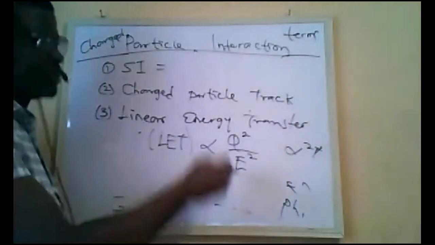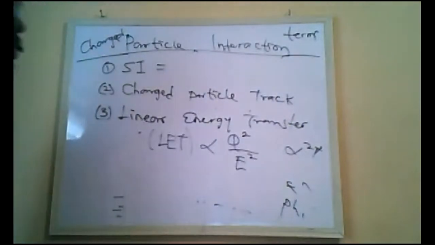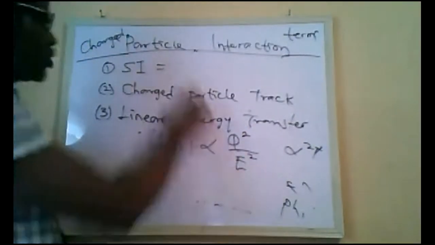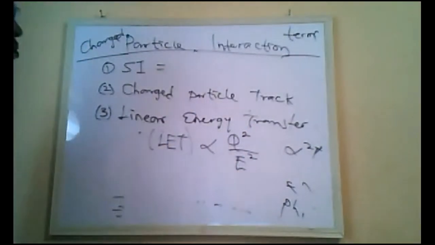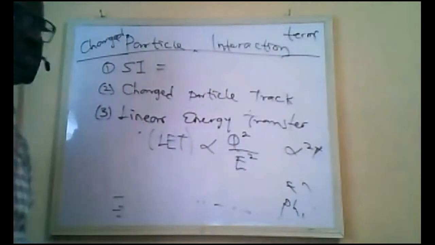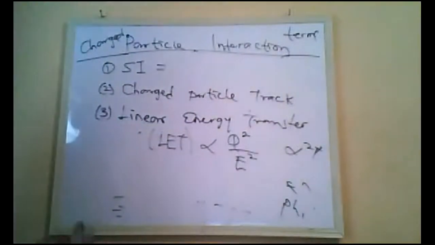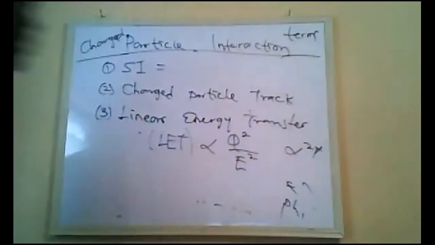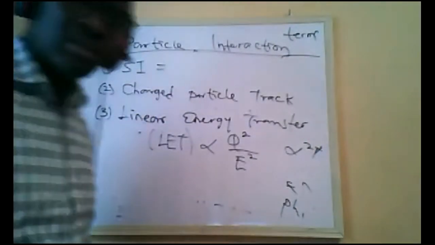But an electron or a photon can travel much deeper inside the tissue. Energy is directly related to the speed of an object. So quickly, these are the three major things we need to know when we are dealing with charged particle interaction.